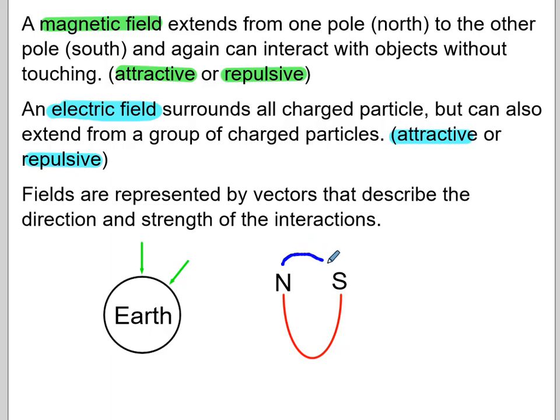You would have fields that flow like this, from north to south. Okay, they might even go all the way around. Okay, and within that field, your compass would have a needle and it would align with those fields. Okay, and again, we'll talk a little bit more about that in grade 12. So fields are just an interaction at a distance.